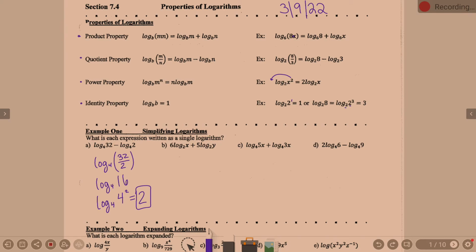So that actually just becomes 2. Questions on that one? Make sense? I don't know that this is difficult today. It's just different. I think that's a good description. You know, it's different from what we're used to doing.